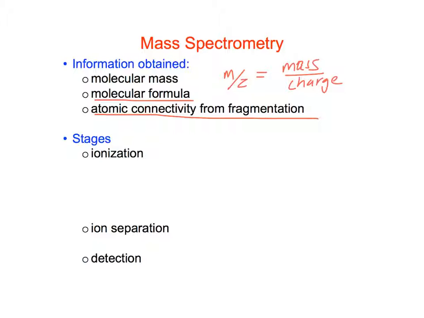All right, so in order to get this information, instrumentally there are kind of 3 different stages that have to take place. Okay, the first stage is that we have to be able to ionize the samples. Right? And this is the easiest if we have small molecules. Well, it's not necessarily easier to ionize, but I'll talk about that more.